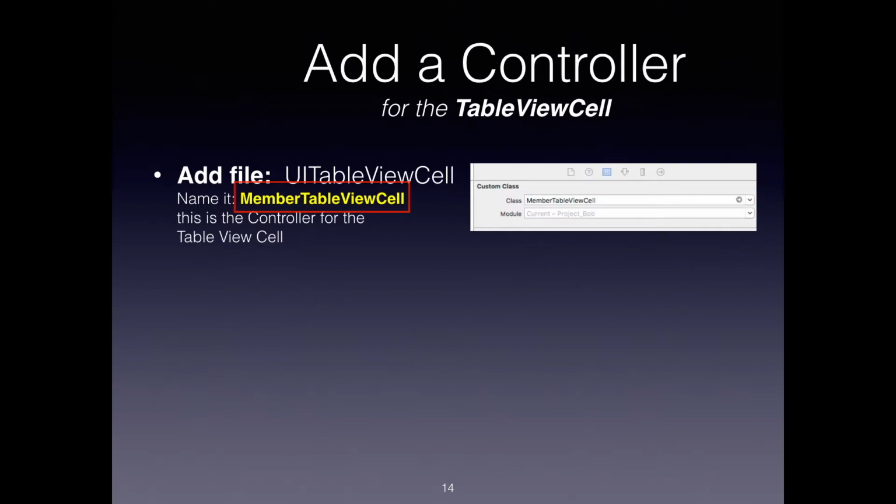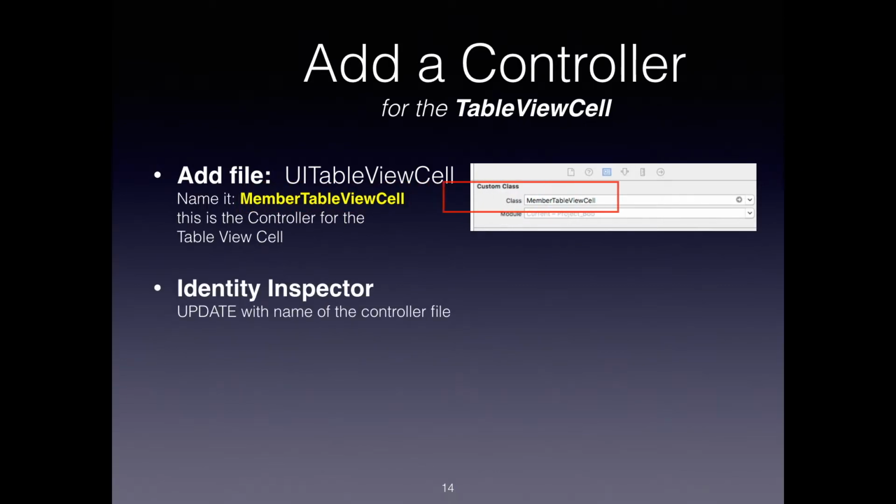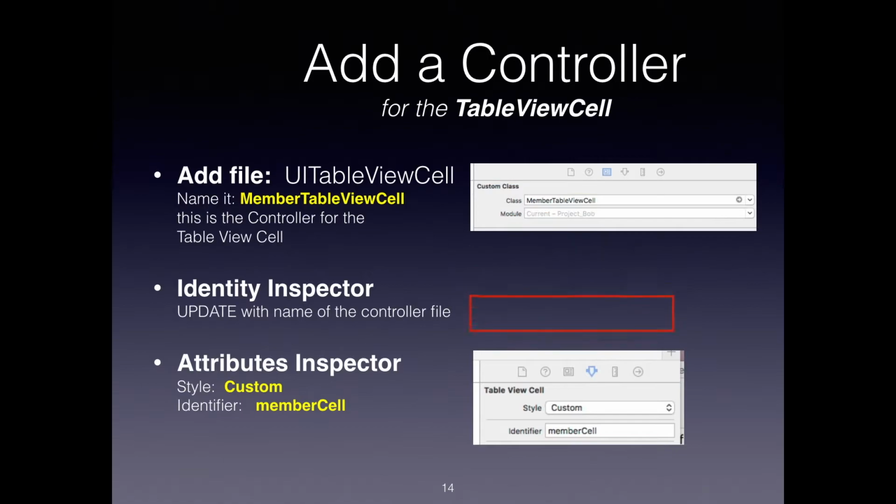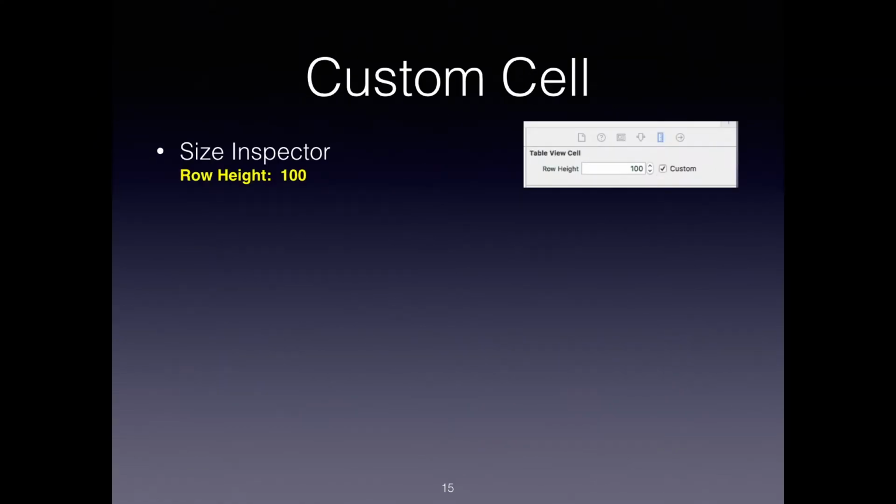We're going to add a file to the UI TableView called the UI TableView cell, and we'll call it member TableView cell. We'll update that in the identity inspector right here, change the attributes to custom, and we'll need to have an identifier.